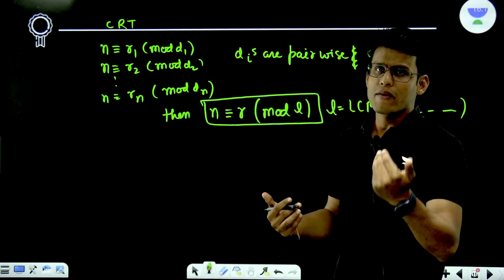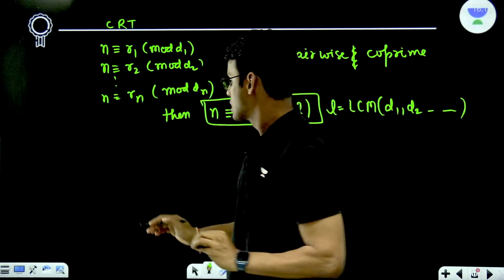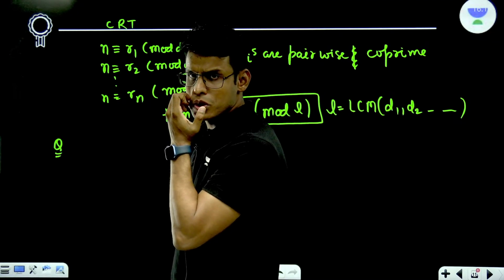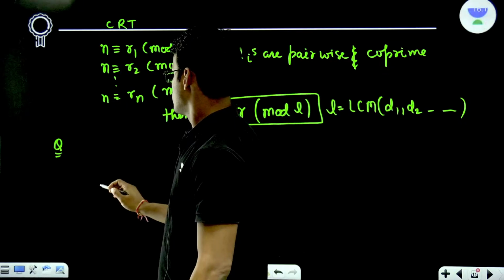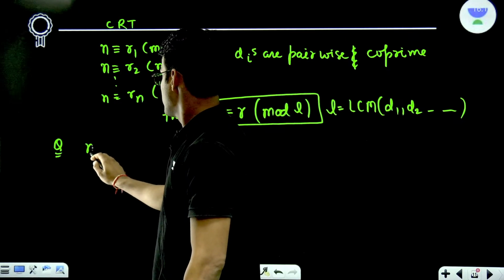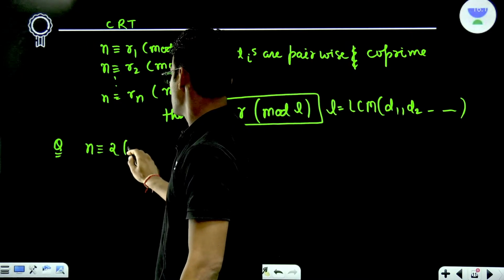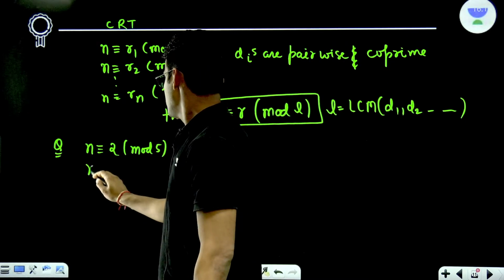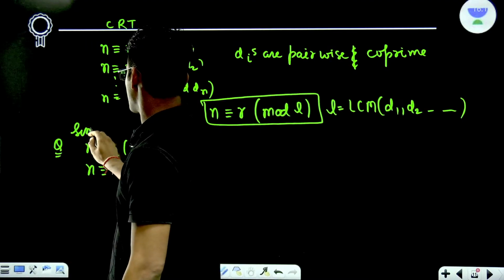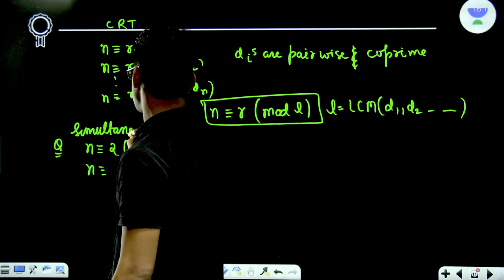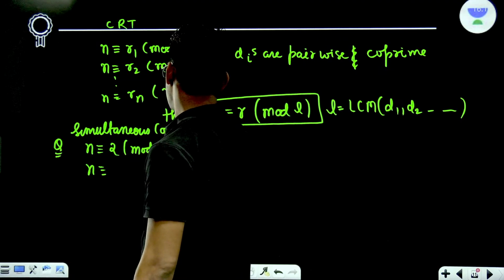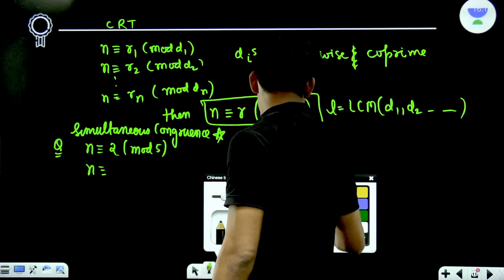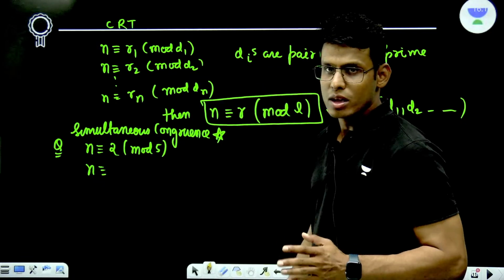So let me give you an example using very small divisors. Let's say n is congruent to some remainders. By the way, this is called simultaneous congruence.